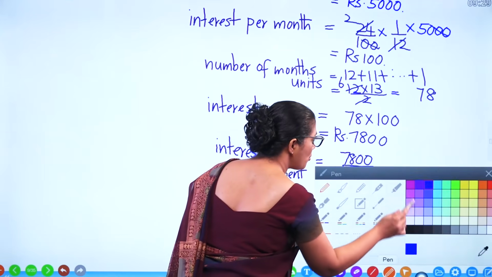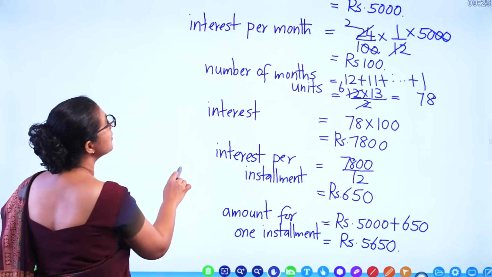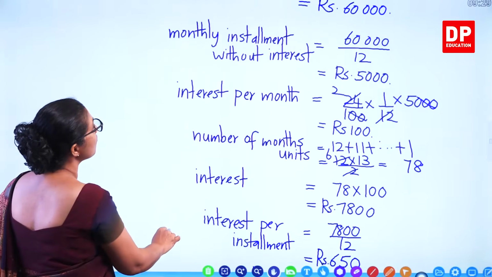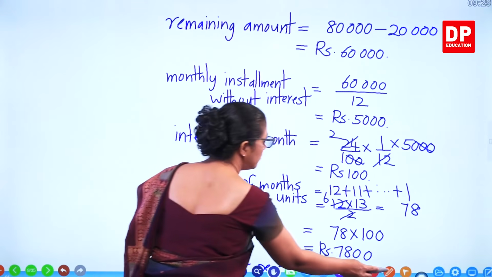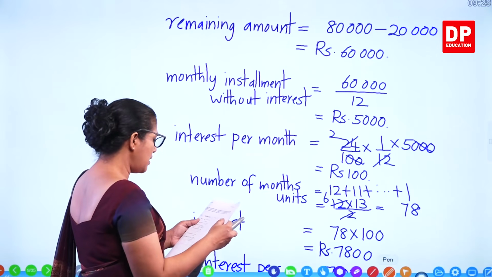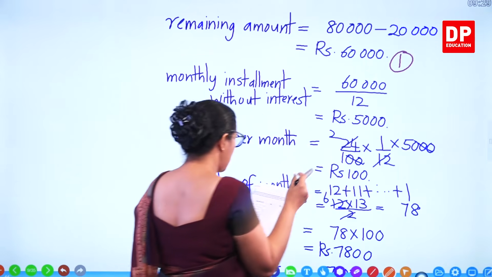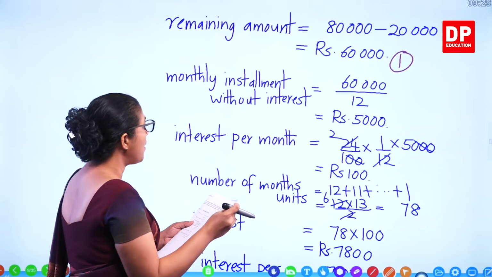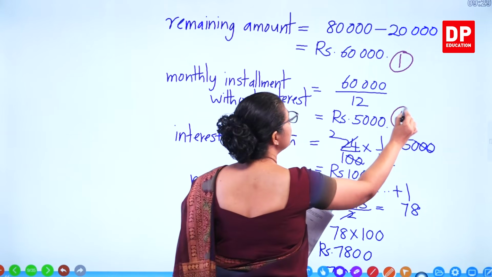So now, how do you get marks for each step? So we'll have a look. You are getting 1 mark for finding this remaining amount, and then dividing by 12 and getting this, 1 mark.